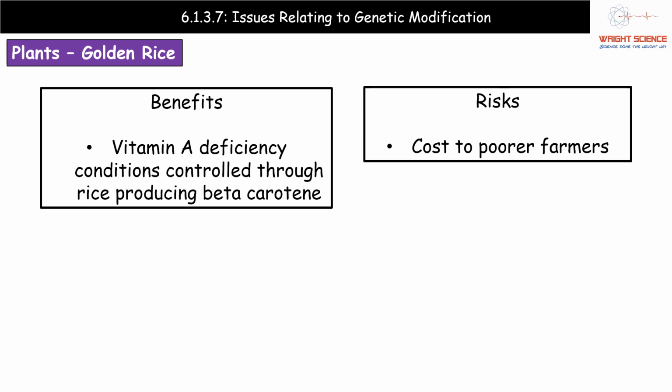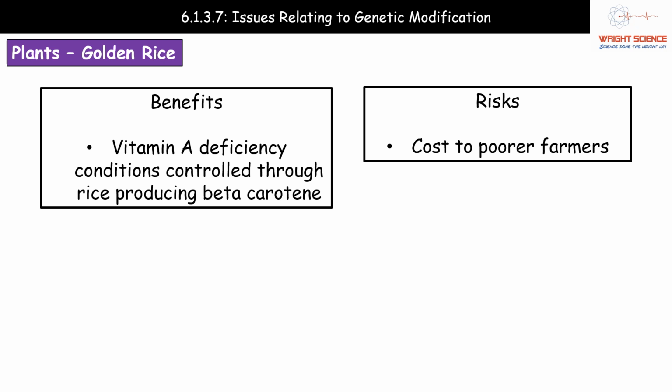Now, the reason that we're going to be using this beta-carotene gene from daffodils in the rice is because around the world, huge numbers of children are affected by a lack of vitamin A. Now, that's just down to the lack of certain things in their diet that have that beta-carotene available, and therefore, if they don't have the beta-carotene, they can't make the vitamin A, and they're going to suffer with conditions like blindness, for example. So by inserting that beta-carotene gene into the rice, that means that they're getting the actual precursor to that vitamin A in their most staple form of their diet.